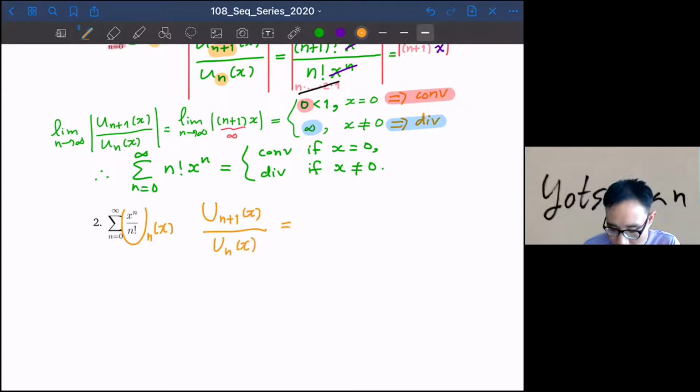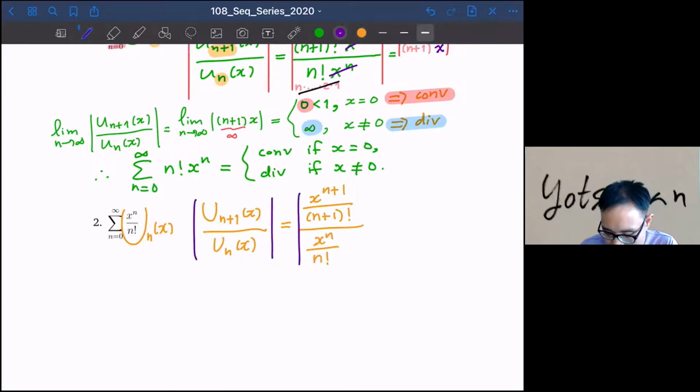This guy will be x to the n plus 1 over n plus 1 factorial, and you have x to the n over n factorial, and you're going to put absolute value like this.